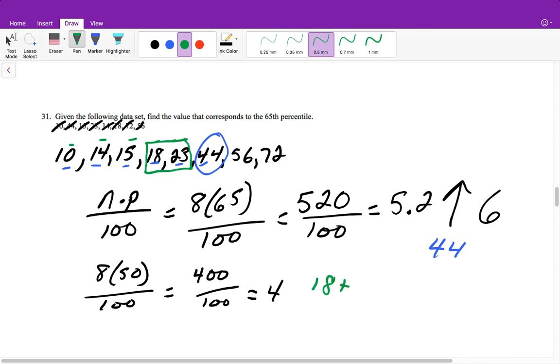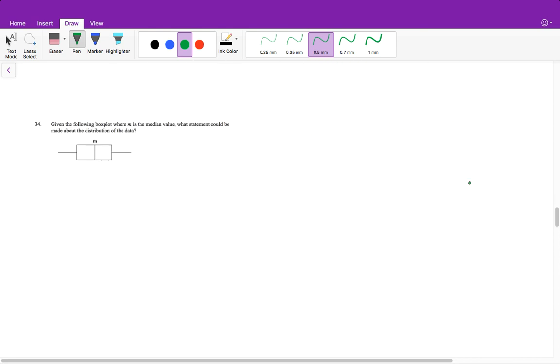So it will be 18 plus 23 divided by 2, which is equal to 41 divided by 2, which is 20.5. So that would be your 50th percentile. I know it doesn't ask you for this in this question, but just in case it's on the semester exam, I want to show that again. But remember, if it gives you a decimal, you always round up, no matter what it is when you're finding your percentile.